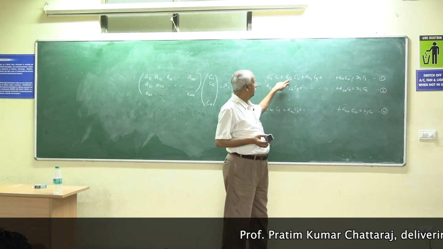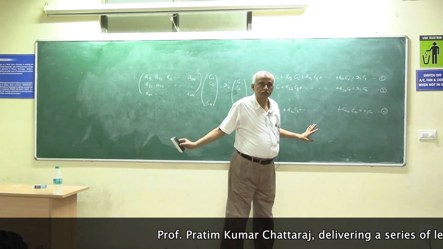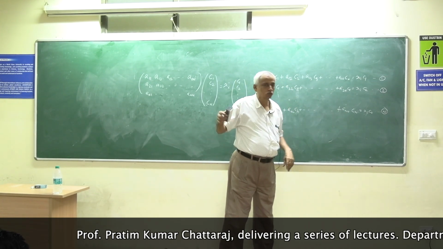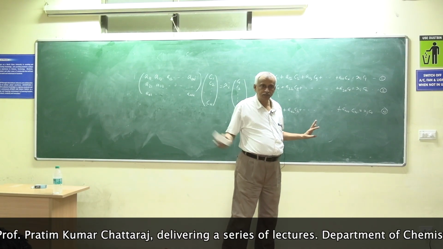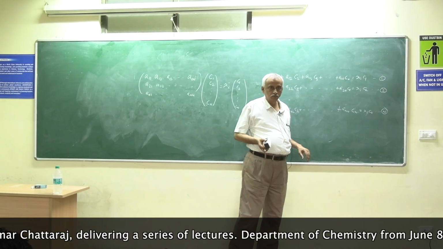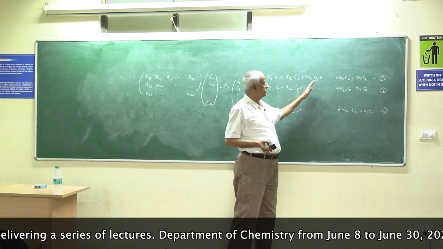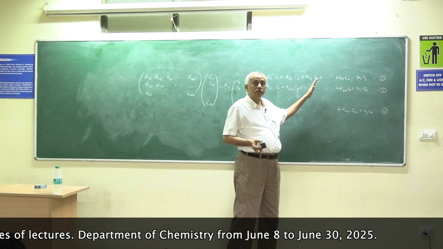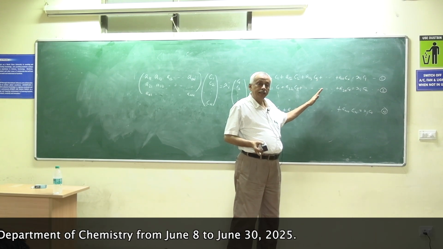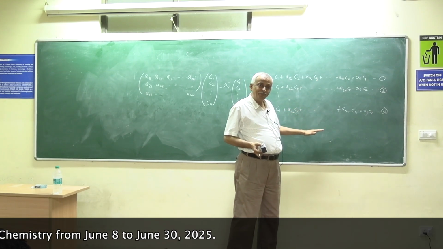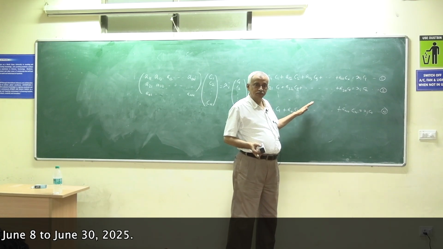All these A's are known to us because we know the Hamiltonian and we know our basis set. We can calculate them exactly. The only thing we don't know is the C's.